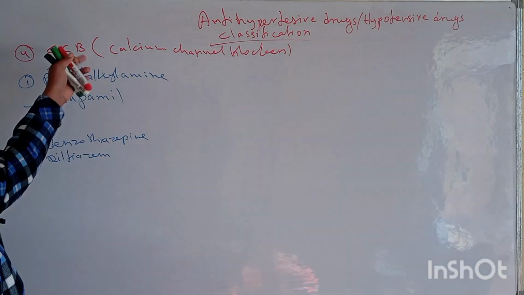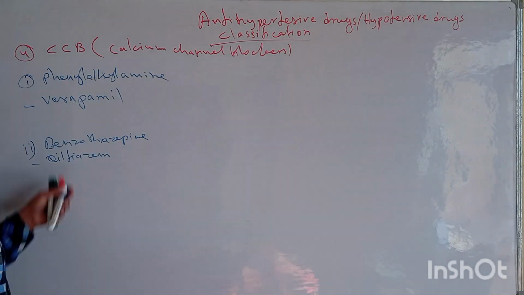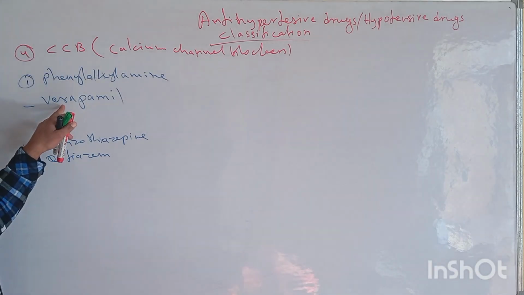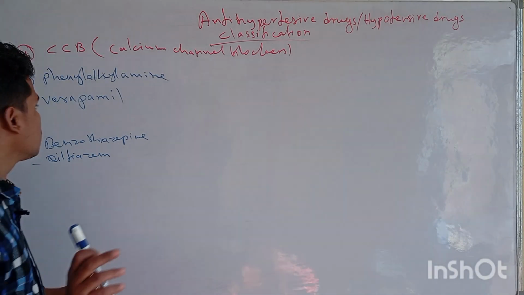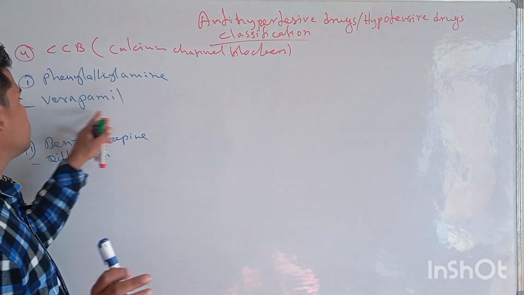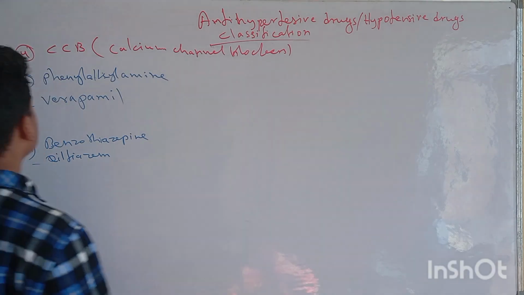And why I am mentioning even subcategories, because from these categories, one very important MCQ and Viva question is that among verapamil and diltiazem, which is more cardioselective? So your answer will be verapamil, because this verapamil is more cardioselective.